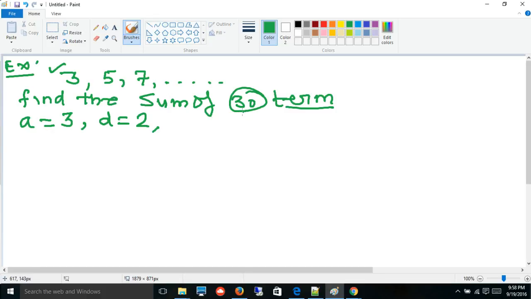And what is this? 30 terms. So N is also given, 30. Now what is it asking? It is asking to calculate the sum of 30 elements. So S of 30.